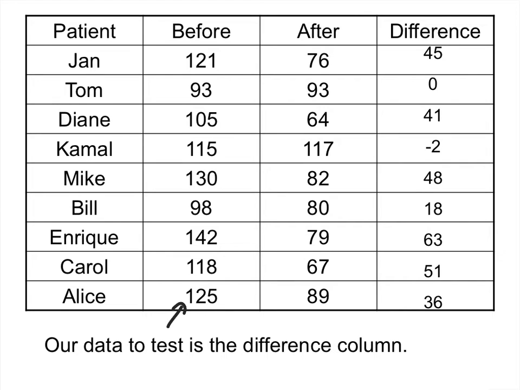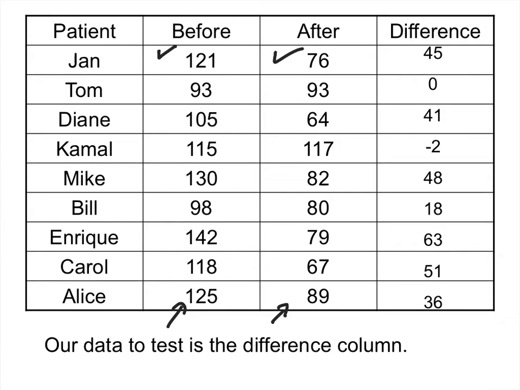So after the counseling, they gave them the anxiety test again, and that second column is how much anxiety they seem to have after the counseling. Alright, so this data is paired data because we have Jan's anxiety level before the counseling, Jan's anxiety level after the counseling.